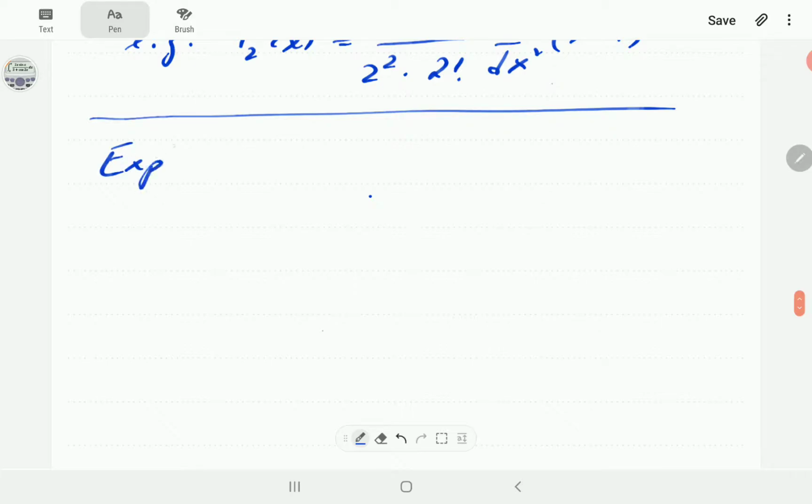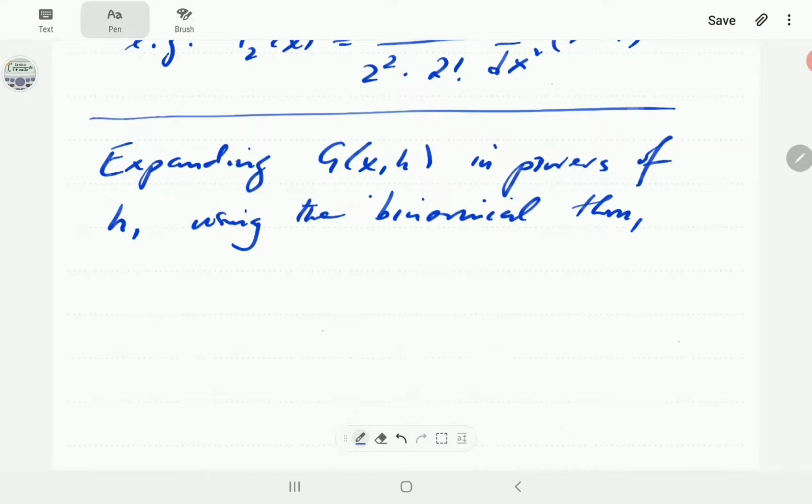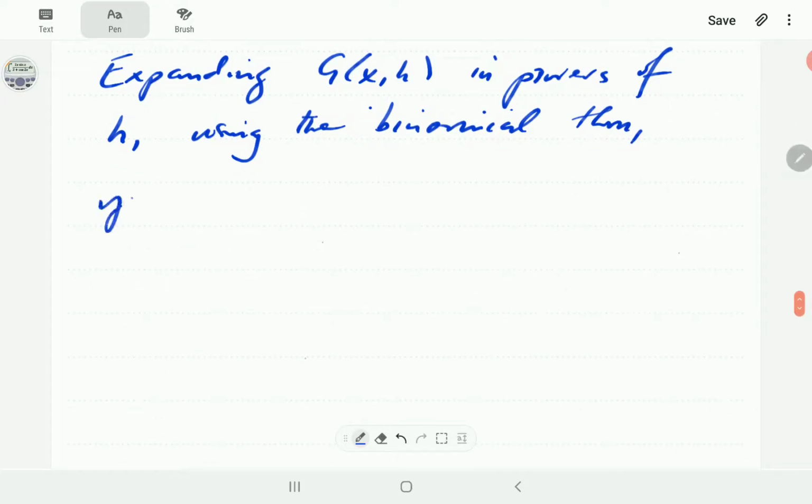So what we're going to do is expand g of x, h in powers of h using the binomial theorem. We note that this is not the only way of doing this.